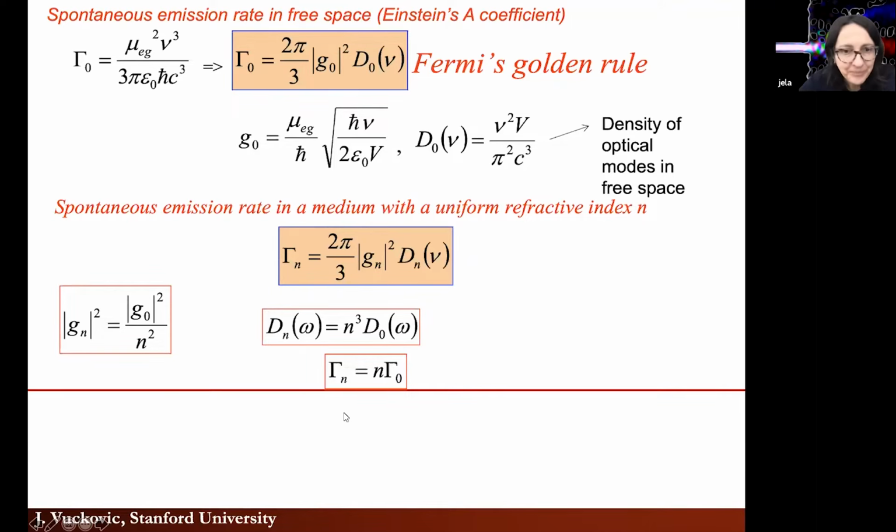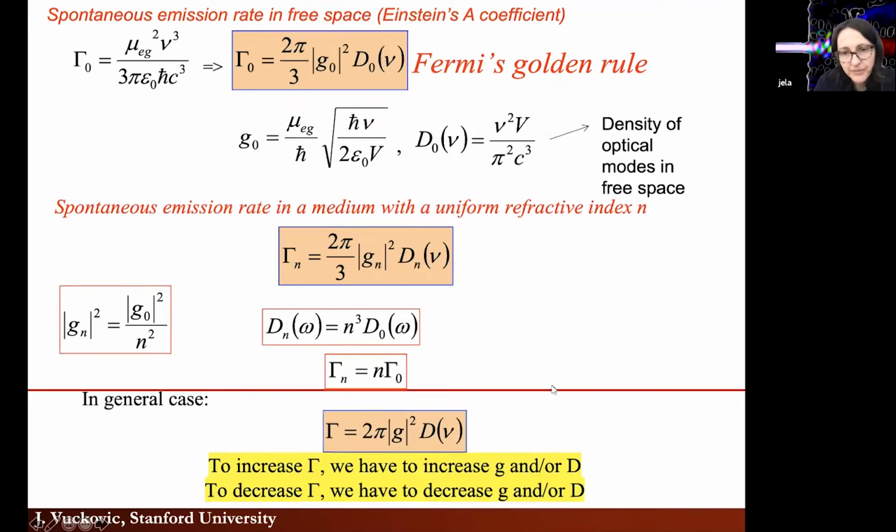Okay, so now if you actually go into a different medium, right? If you change the density of optical states there, then the spontaneous emission rate can change even more, right? So if you go back to Fermi's golden rule and you write it as 2 pi g squared d of nu, you can see that if you change g, you can change the spontaneous emission rate, or also if you change d, you can change the spontaneous emission rate.